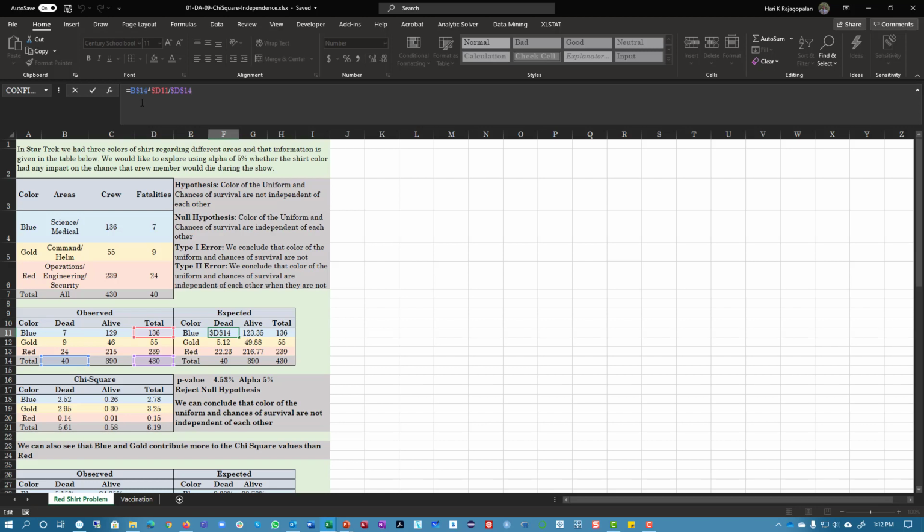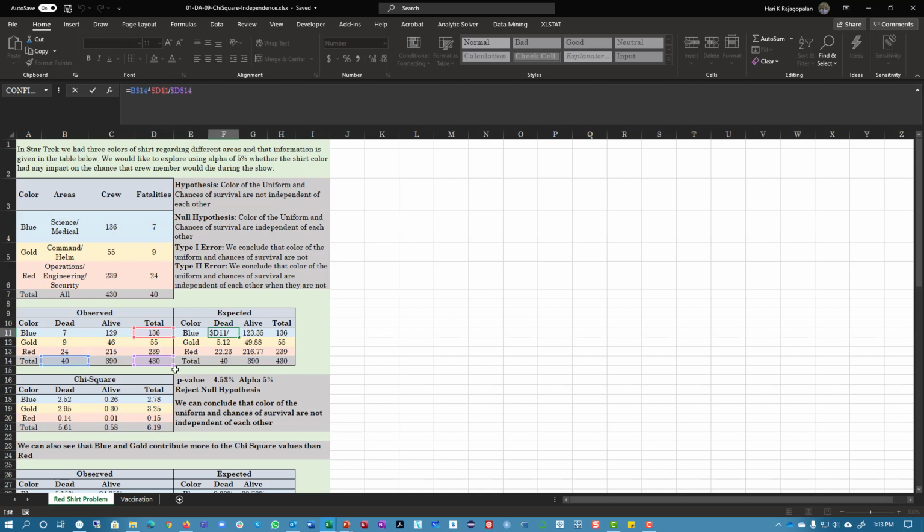You'll notice that I have used B14, which is your column total, which is right here, which is blue, and you'll notice that I have put a $ sign on 14, so when I copy this, the row number will not change.